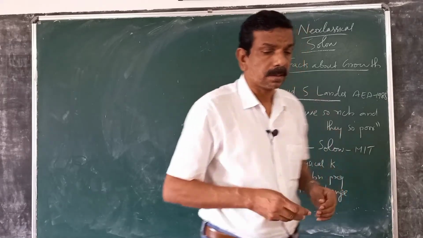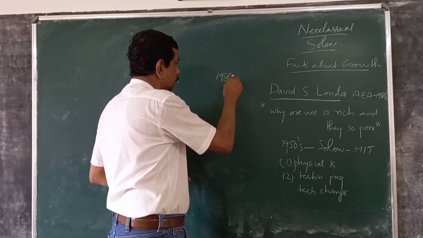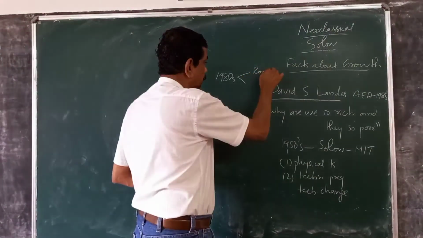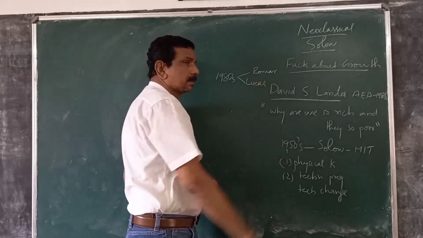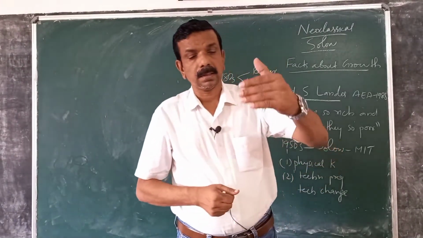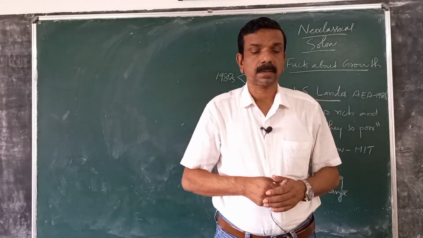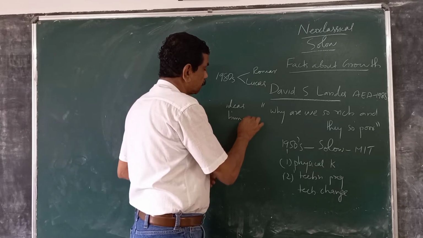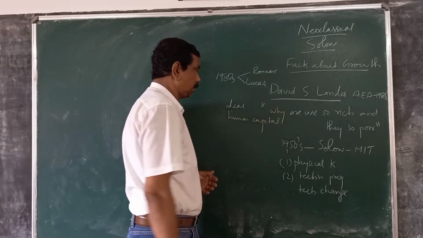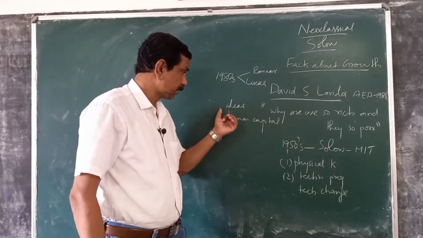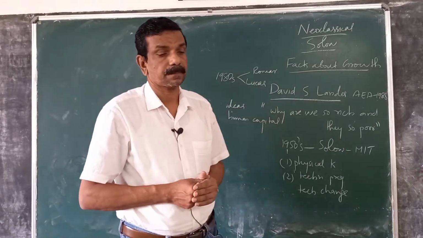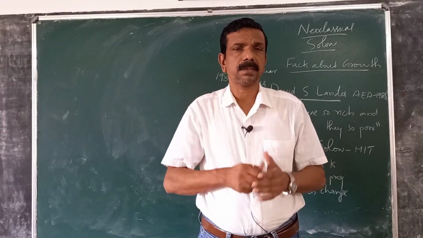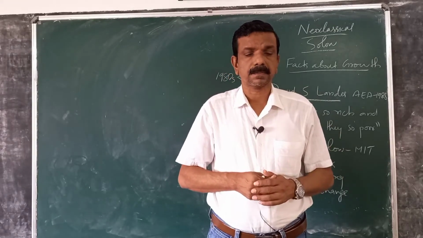But later, in the early 1980s, two economists, Romer and Lucas, reignited interest in economic growth by emphasizing the role of ideas and human capital, and taking advantage of the developments in the theory of imperfect competition.